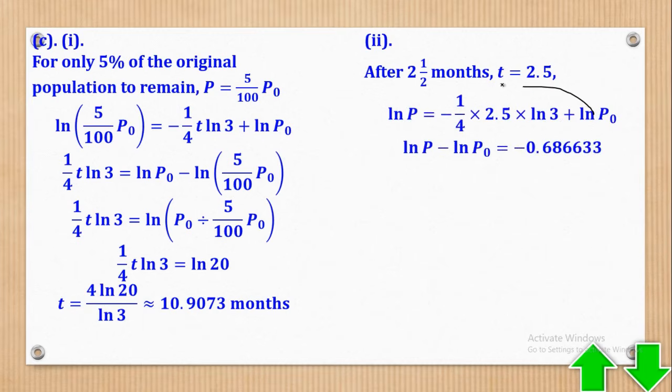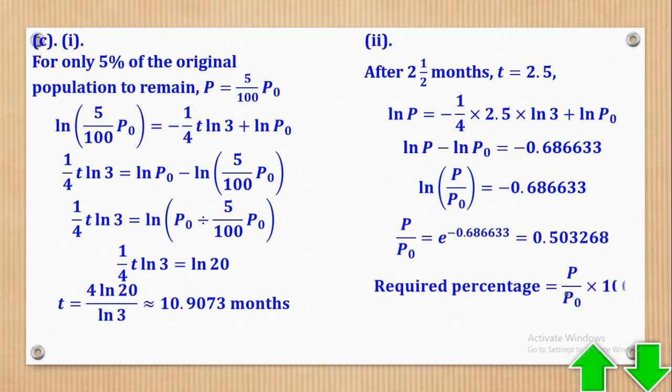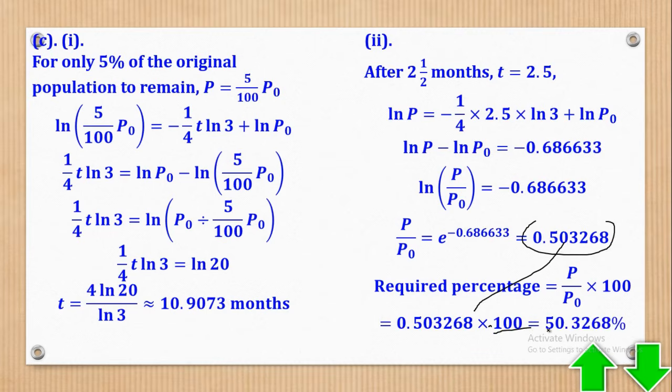So take this one this side to come up with this, and the whole of this using a calculator gives you that. Then this and this gives you P over P naught, but here there's a negative, so the antilog gives you this, which is this on the calculator. Therefore the required percentage will be P over P naught multiplied by 100, so multiply it by 100 to come up with this as the required percentage.